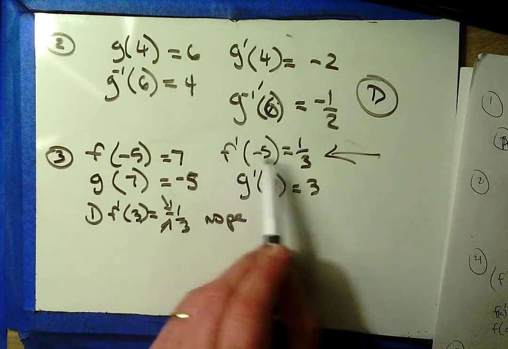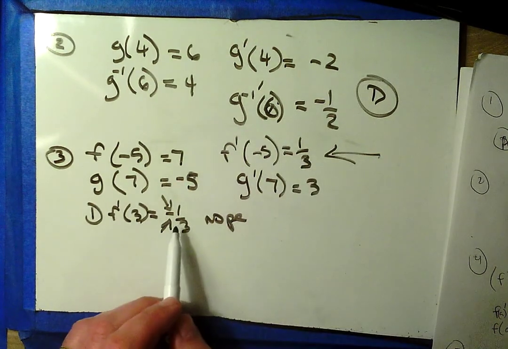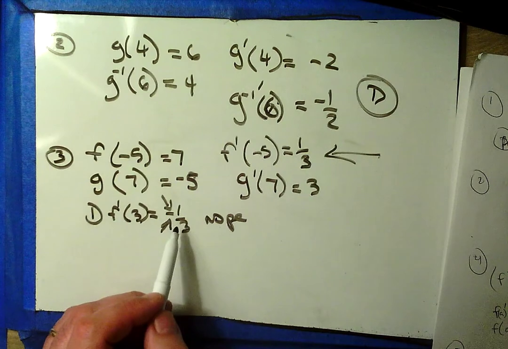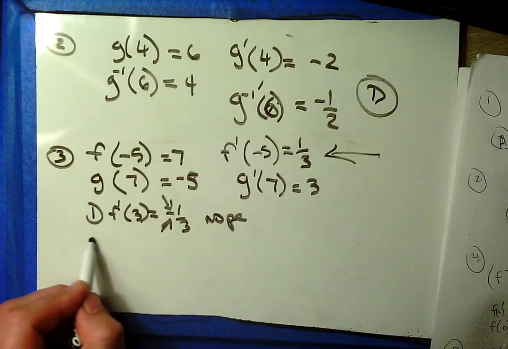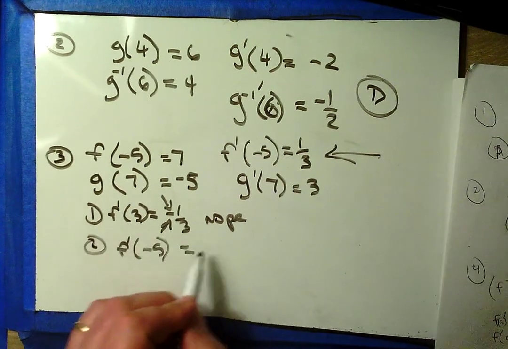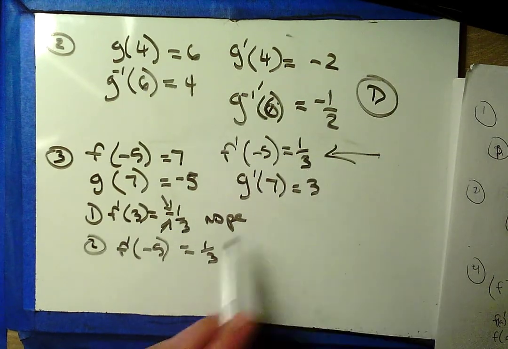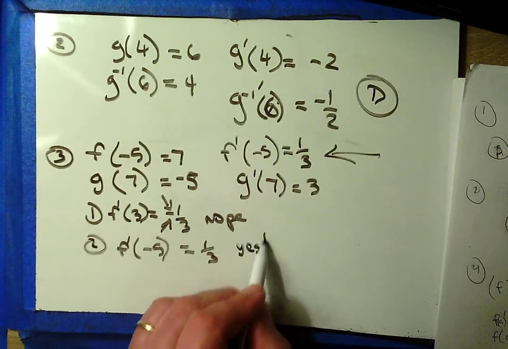And so if f has a positive slope, then f always has a positive slope and can never have a negative slope. Okay, what about 2? 2 says f prime of negative 5 equals 1/3. Well, that's our answer. Yes, that's good.